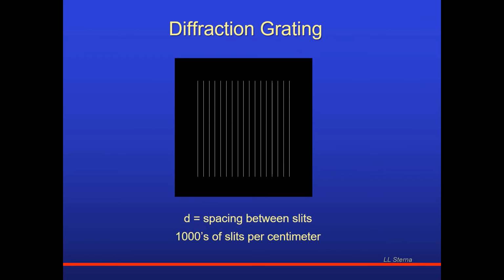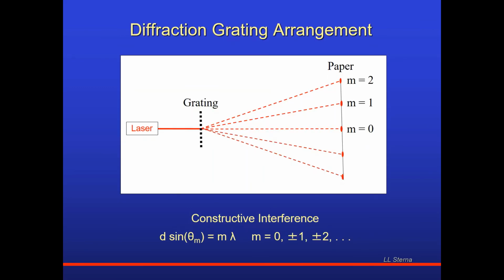So here's the arrangement. Actually, the light source could be any number of things. But we're going to assume for this treatment, we have our helium neon laser, red light, hitting the grating. And now we see the rays of light coming through.